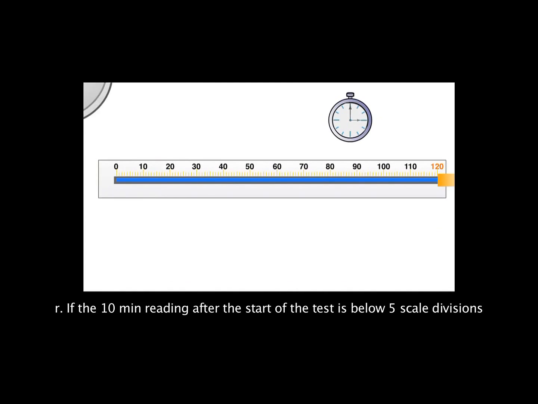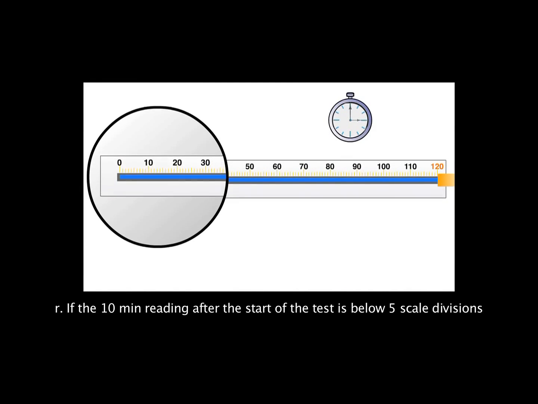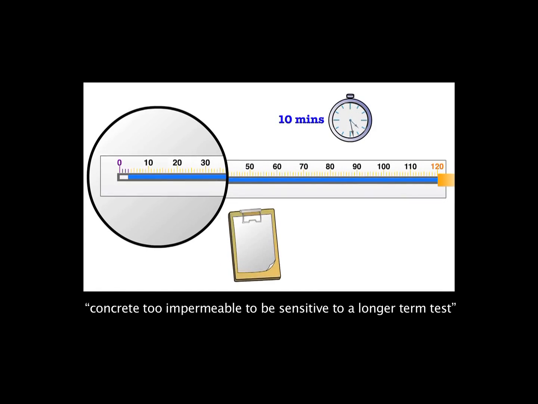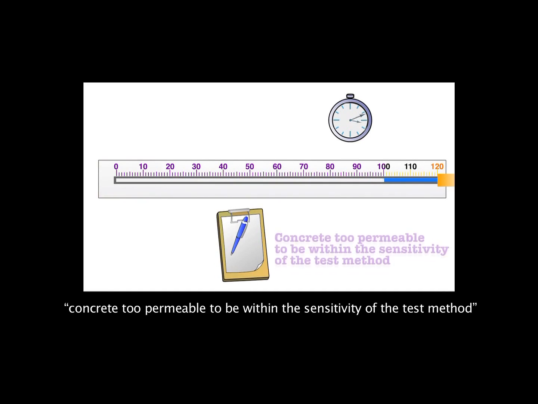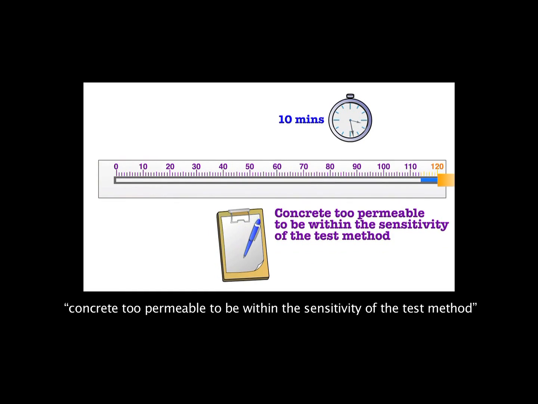R. If the 10-minute reading after the start of the test is below 5 scale divisions, stop the test and comment on the result as concrete too impermeable to be sensitive to a longer-term test. Similarly, when the same reading exceeds the scale, stop the test and record the result with the comment concrete too permeable to be within the sensitivity of the test method.